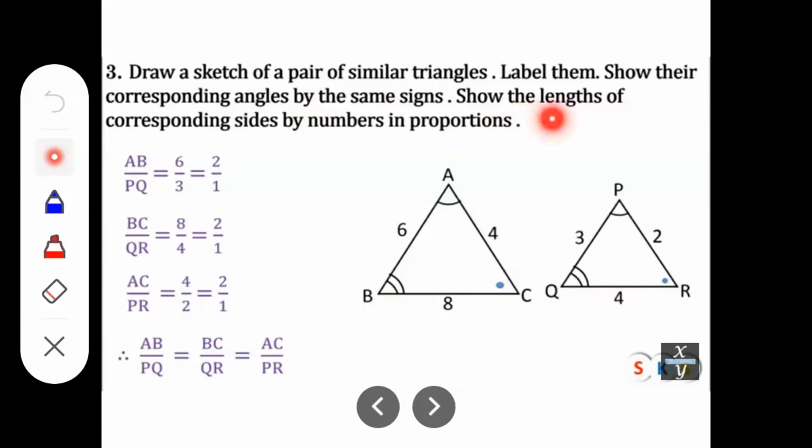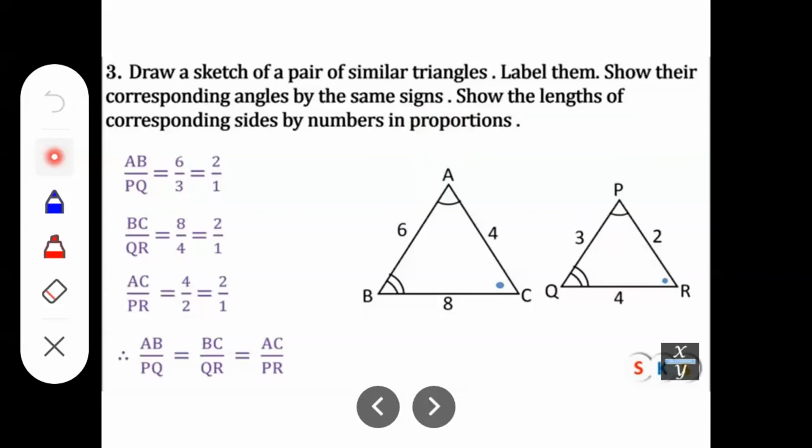Now show the length of corresponding sides by numbers in proportion. What this means is that the sides of similar triangles should be in proportion, as we know that when triangles are similar, their sides are in proportion.